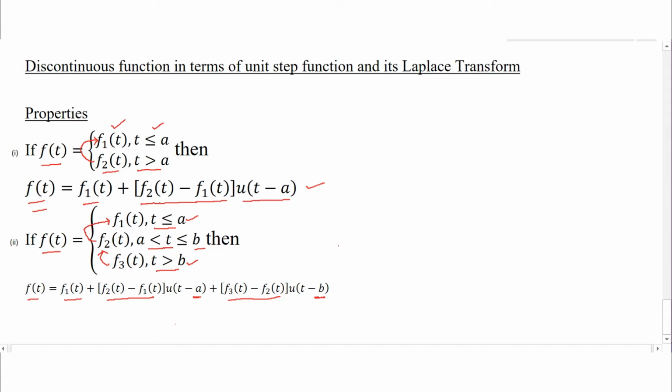Now based on these two properties, let us take a few examples. Let us start with the first example. Question number 1.